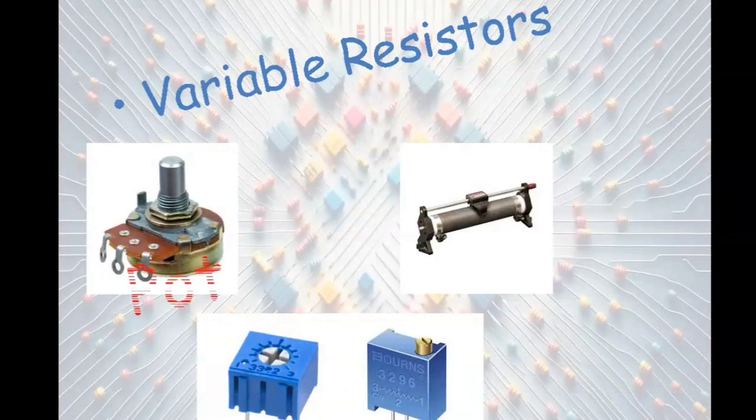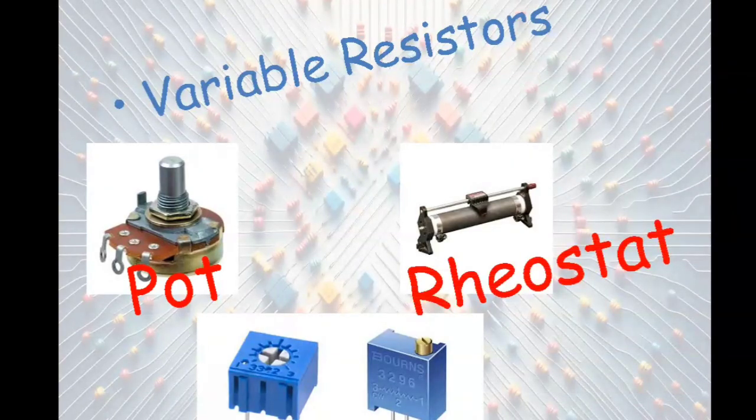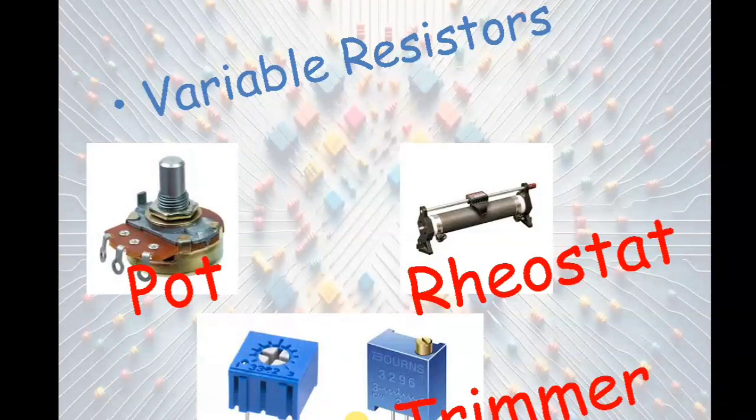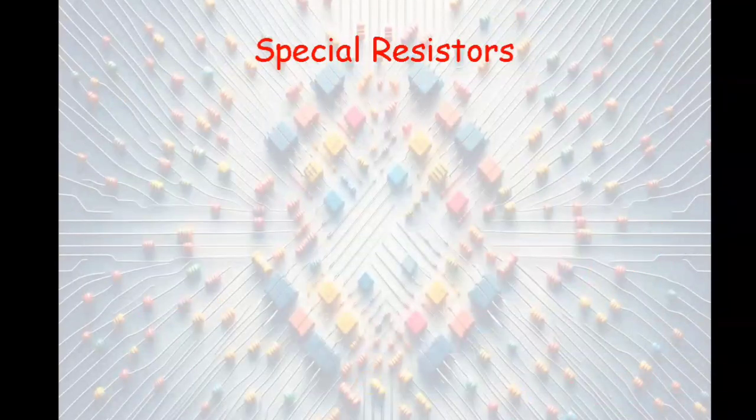The one which looks like a 3-terminal device and has a big knob is a potentiometer. Then this is the rheostat, a big element where you can change the resistance by moving this part. If you move this, the potentiometer's resistance gets changed. And these are the trimmers, with a different size and shape. They are small in size, and you can place them on a small circuit too.